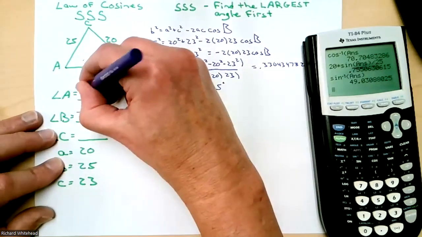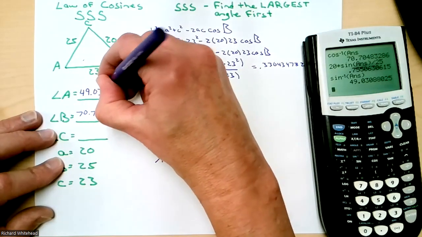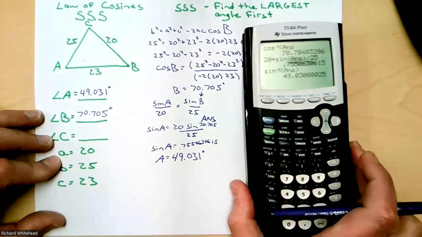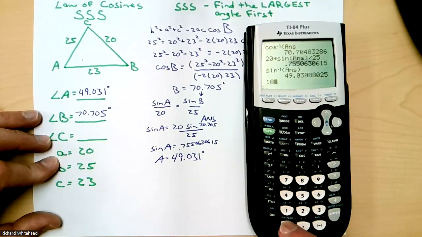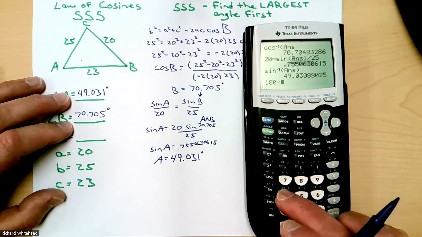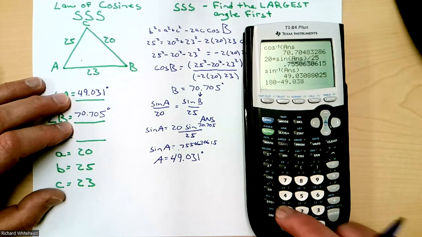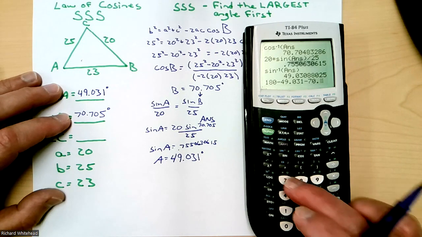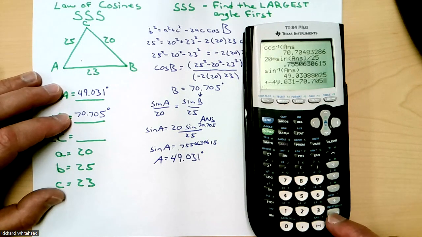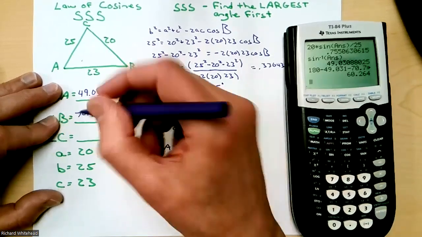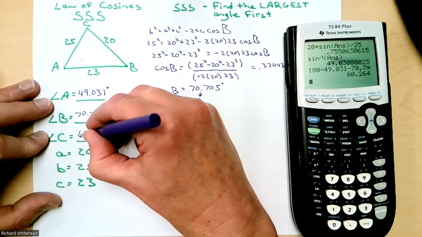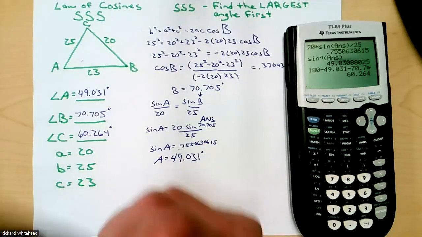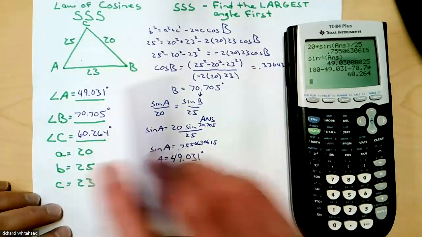So angle A is 49.031. And then just to find angle C, we do the old subtraction routine. So we're going to have 180 minus, and this is where you can use the rounded numbers, 49.031 minus 70.705. So I think I did that right. 60.264.